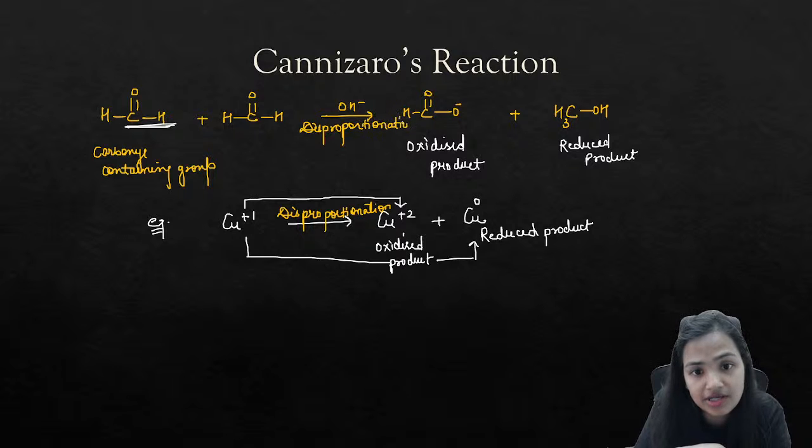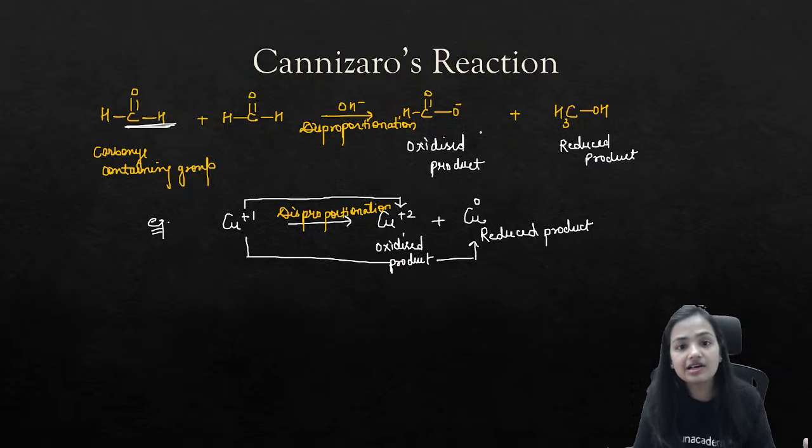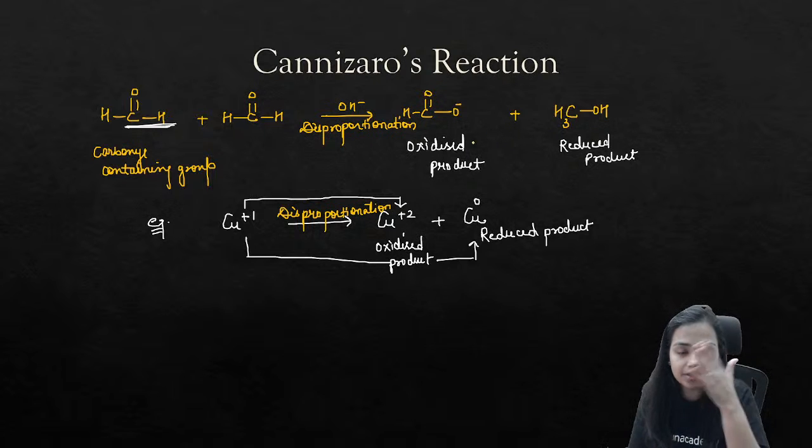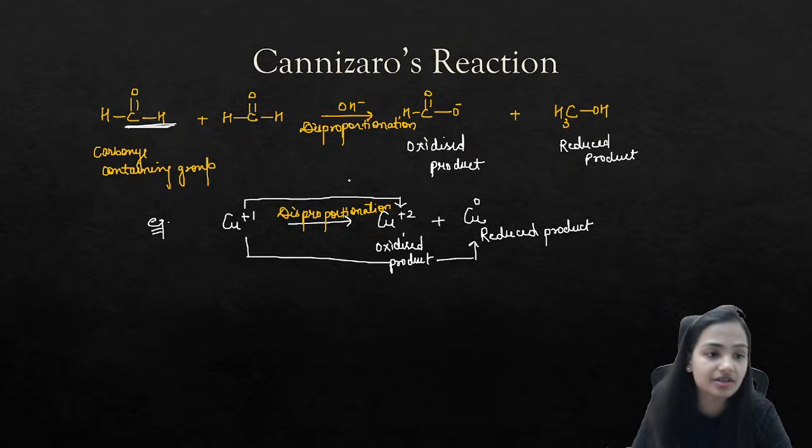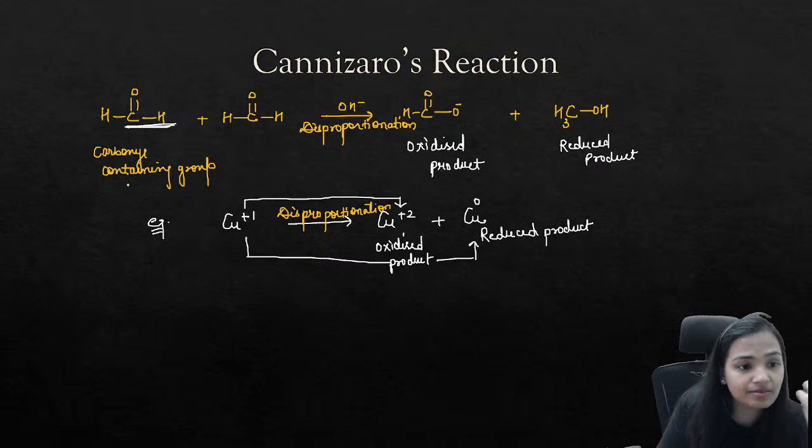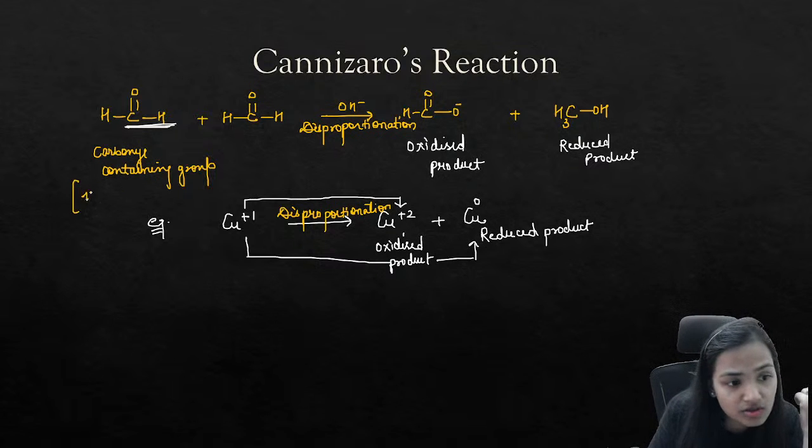Are you getting my point? That is, from any aldehyde we will get 2 products. One will be the oxidized product and another is going to be the reduced product. Here the main thing about this carbonyl group is it has no alpha hydrogen, that is, no acidic hydrogen. No alpha hydrogen means what? No acidic hydrogen.